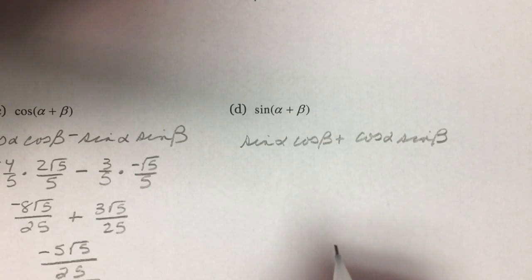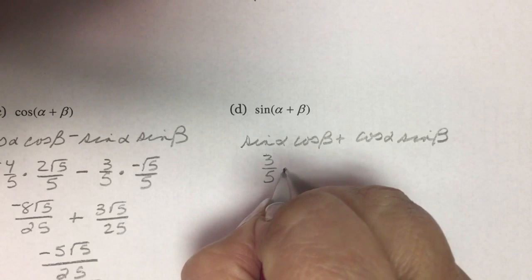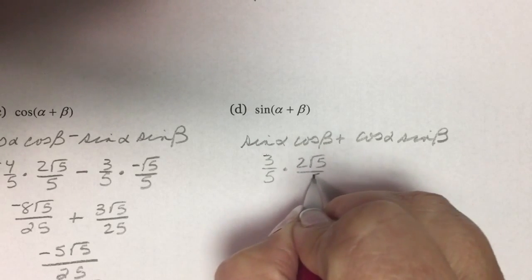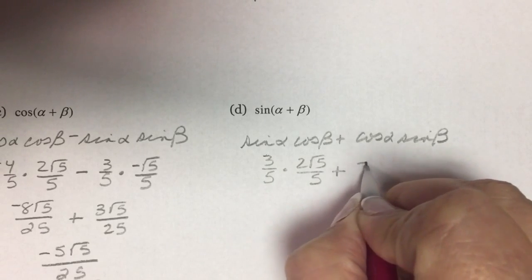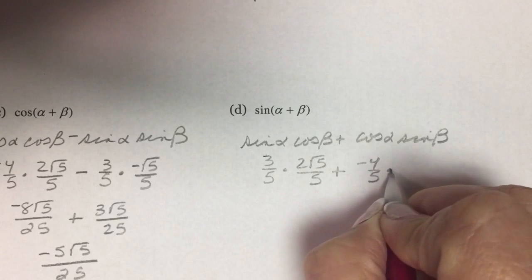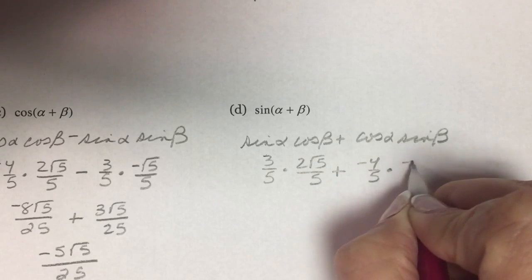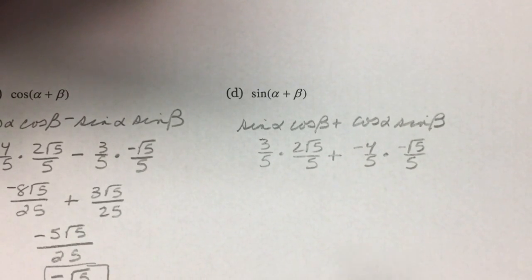All right, so here we go. What's the sine of alpha? Well, we know that's 3/5 times the cosine of beta is 2 root 5 over 5 plus the cosine of alpha is negative 4/5 times the sine of beta is negative root 5 over 5. So I just plugged in my values.